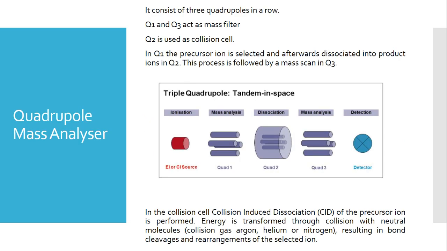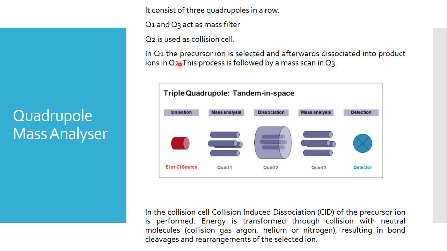Let us first see about the quadrupole analyzer. It consists of three quadrupoles in a row, Q1, Q2, Q3. As you can see in the diagram, three quadrupoles are used. Here Q1 and Q3 act as mass filters, whereas Q2 acts as a collision cell.